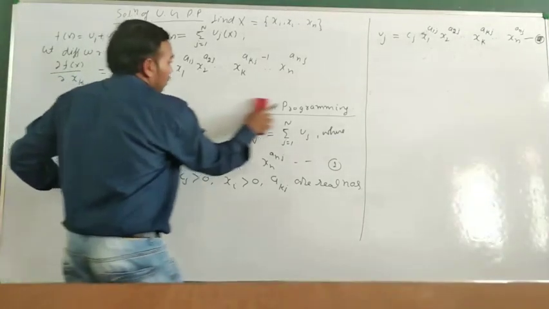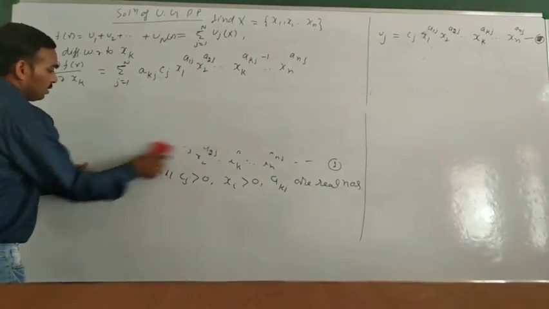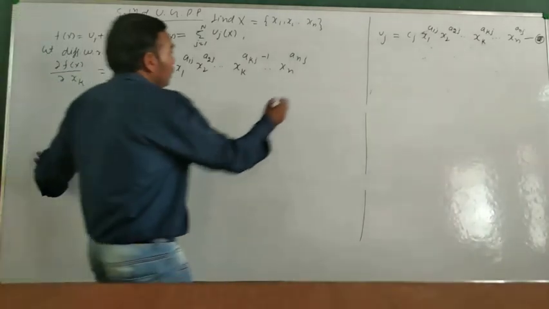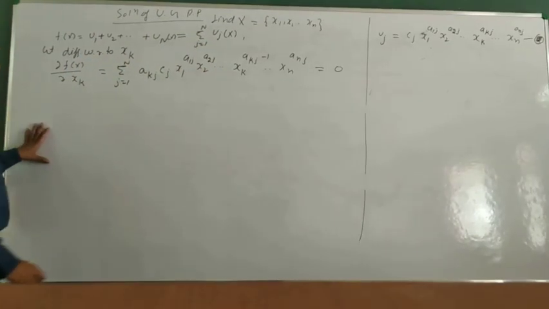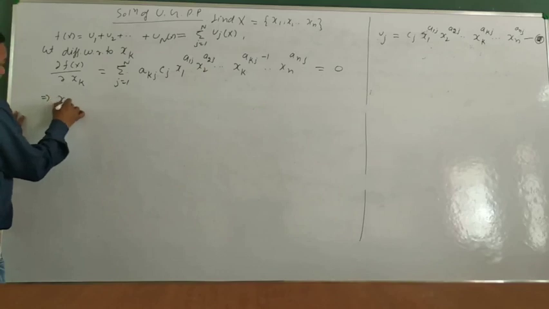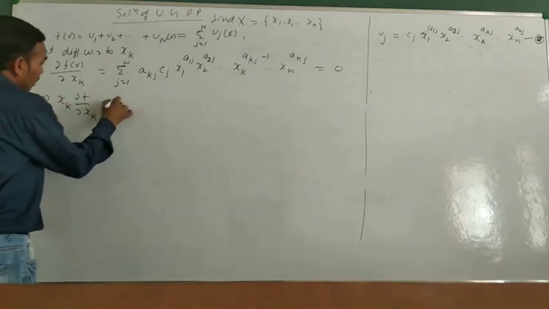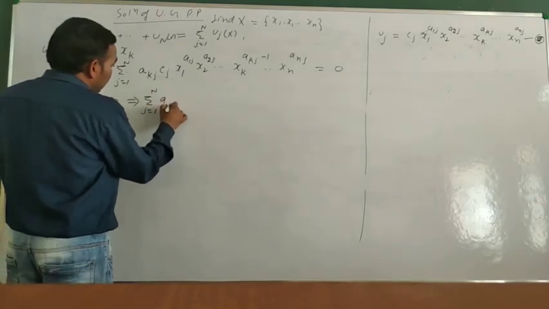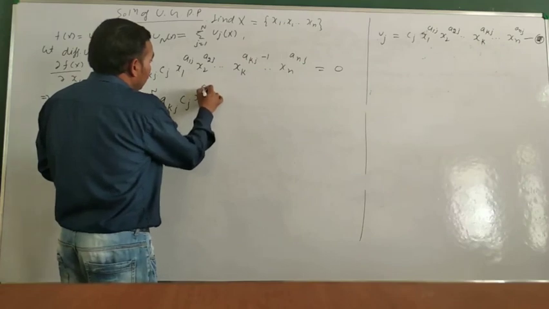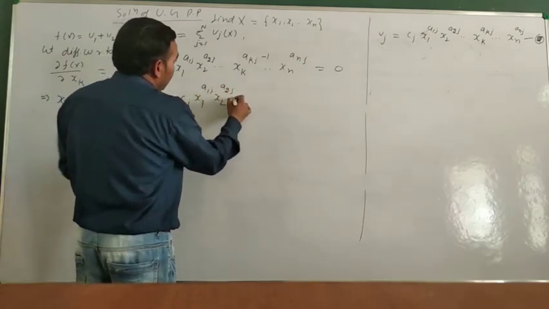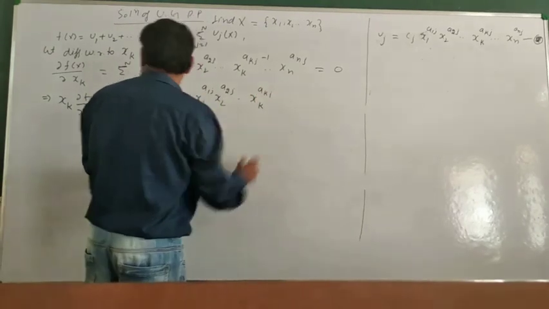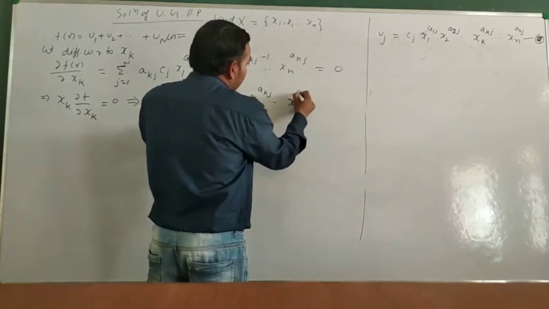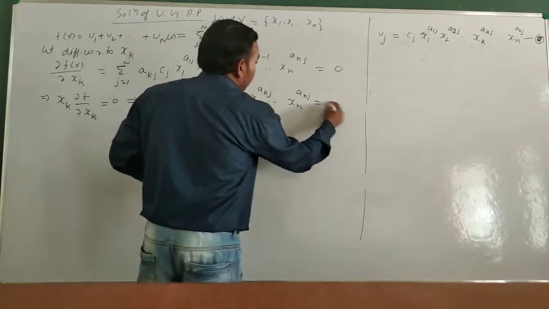If we multiply by xk and put it equal to 0 for maximum or minimum, it implies xk del f upon del xk equal to 0, which gives the sum over j of akj cj x1^a1j x2^a2j up to xk^akj up to xn^anj equal to 0.